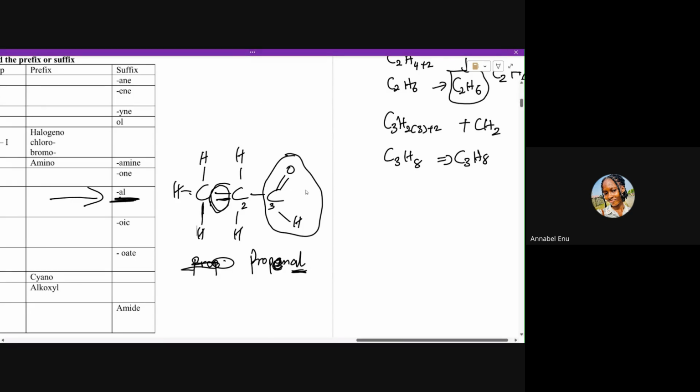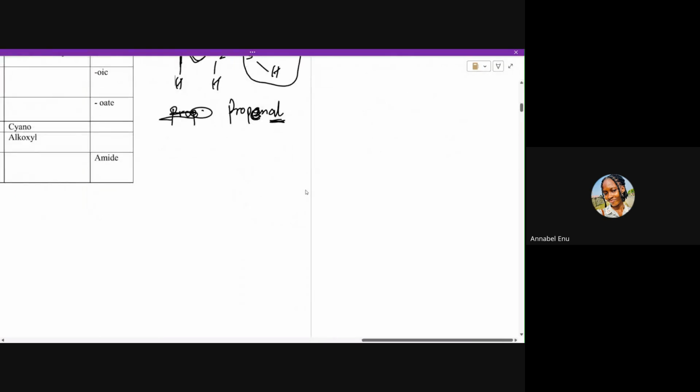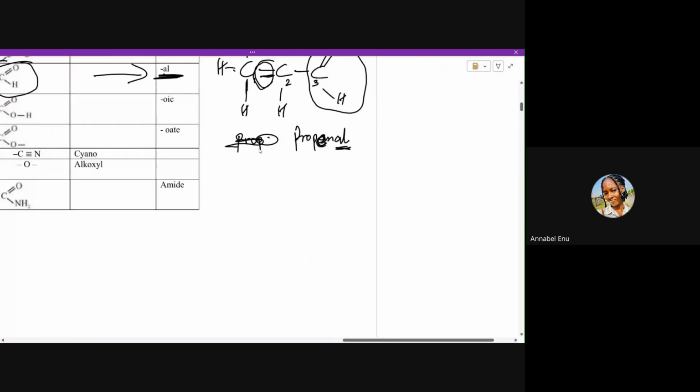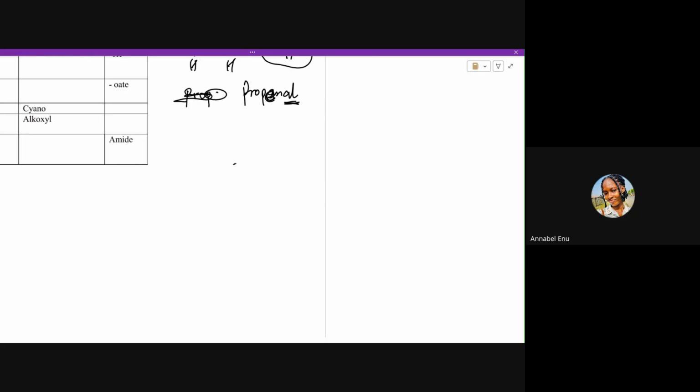Now another thing is some of you tend to mistake one for the other. When we see a structure like this, I'm drawing advanced structures for you people.